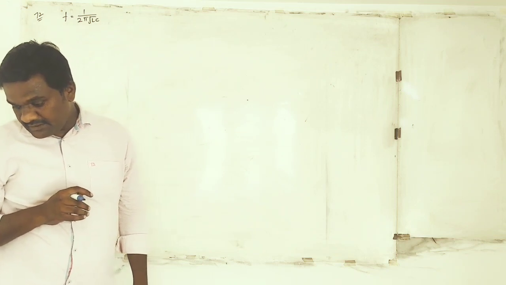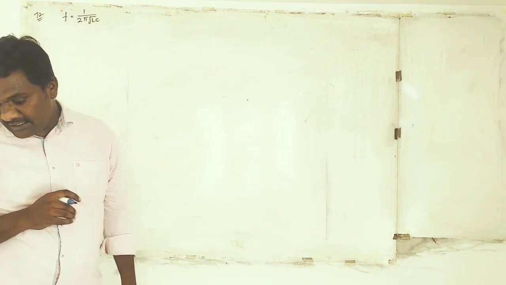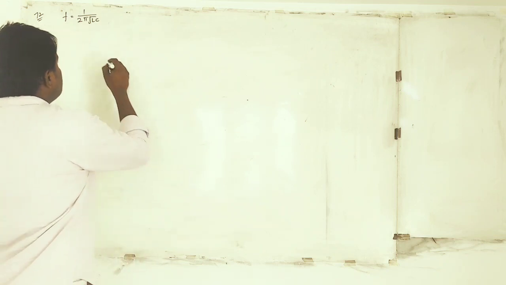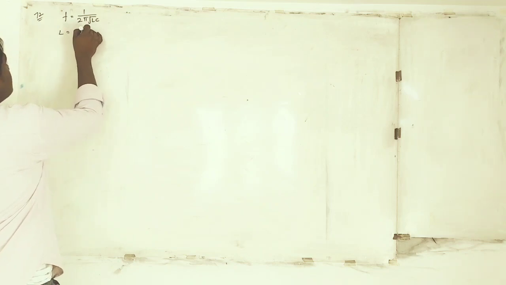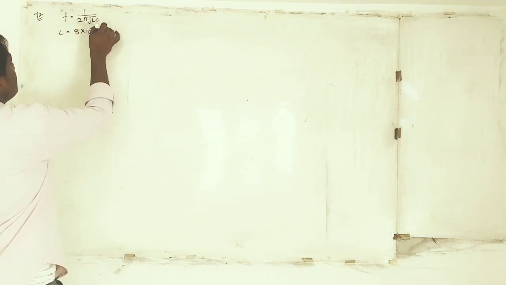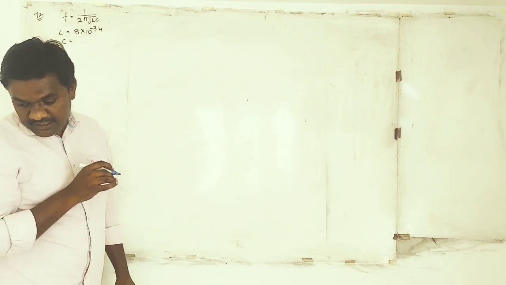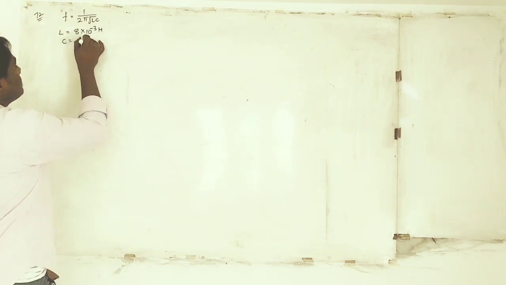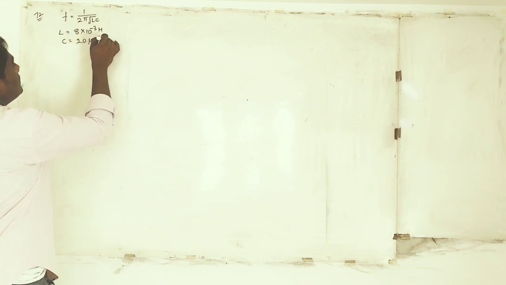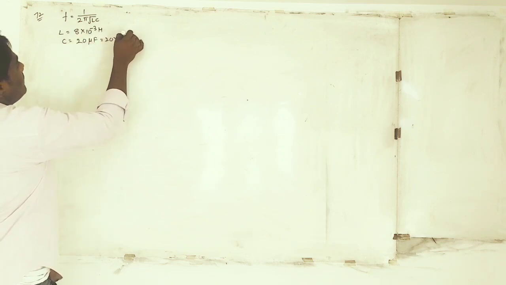Now the data given is L is 8 millihenry and C is 20 microfarad, so that is equal to 20 into 10 to the power of minus 6.